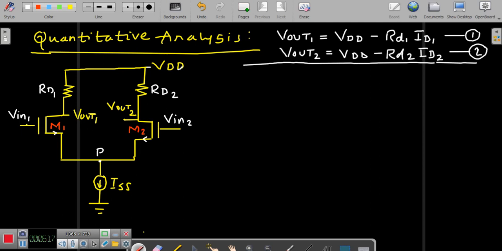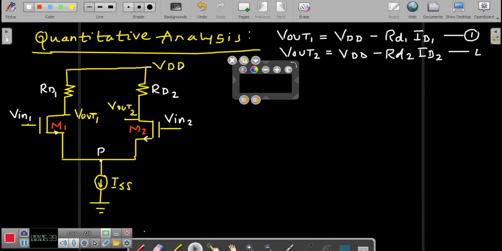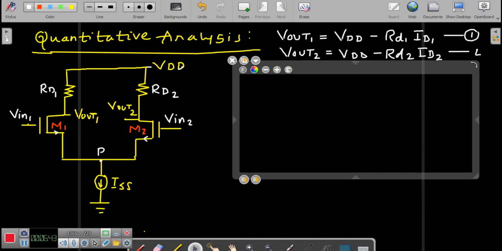So Vout1 minus Vout2 is equal to, please check, Vout1 minus Vout2 is equal to minus RD1 into ID1 plus RD2 into ID2.